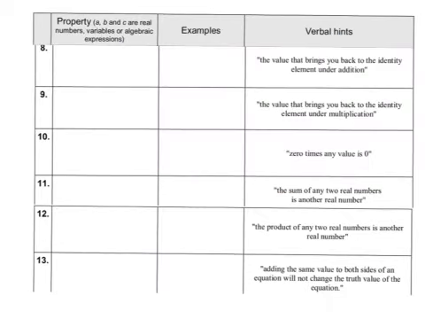Next we're going to talk about the value that brings you back to the identity element under addition. Here we're talking about the additive inverse, meaning what's going to bring you back to 0.